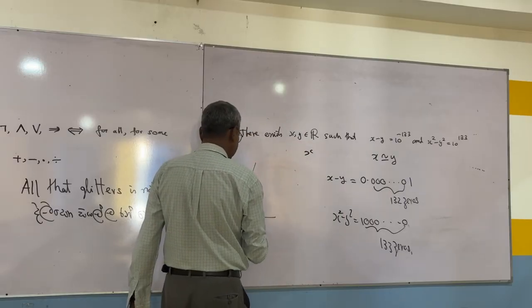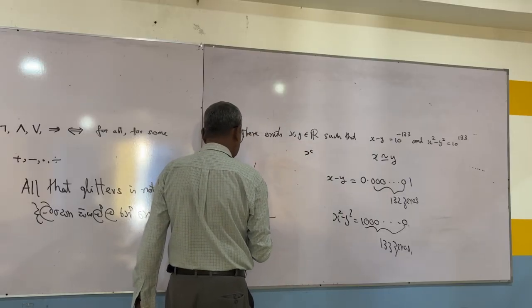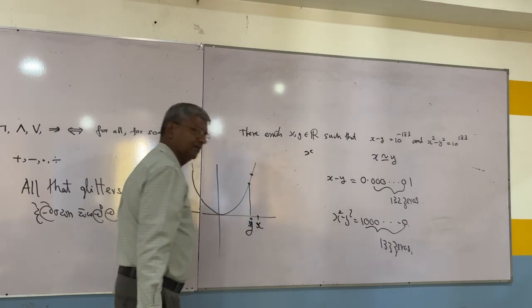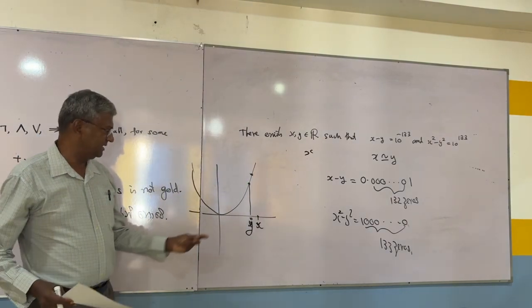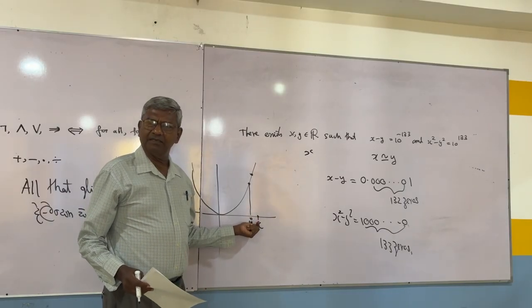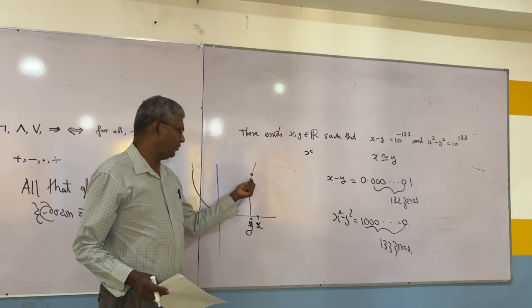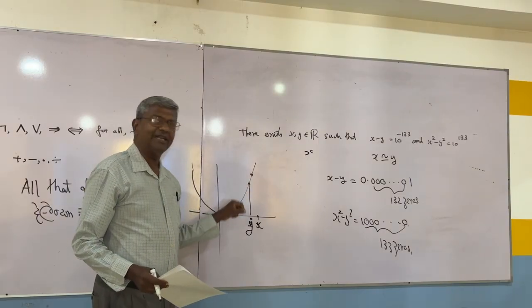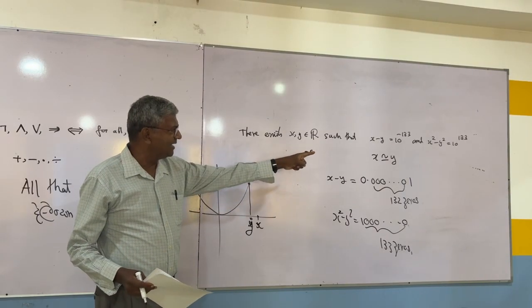Okay, I can see. Here x, here y. What I want to say was, when these two are very close, no matter who draws the graph of y equals x squared, they are very close. But I am saying no.